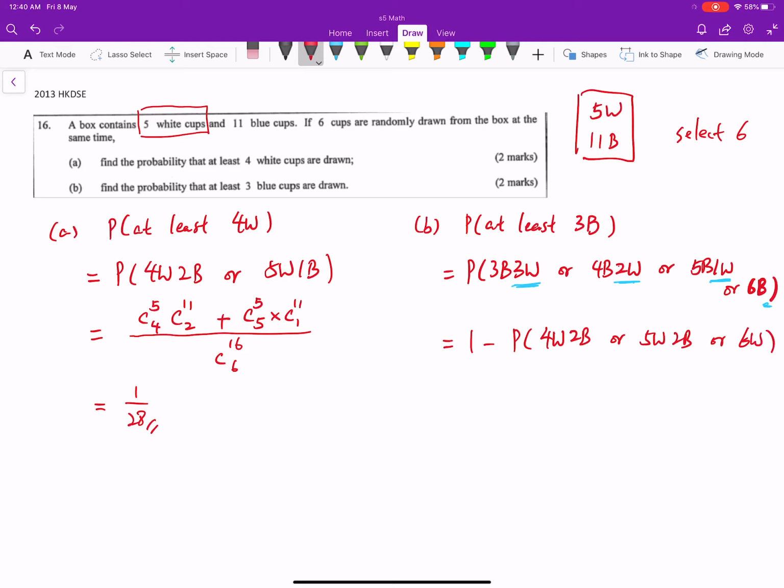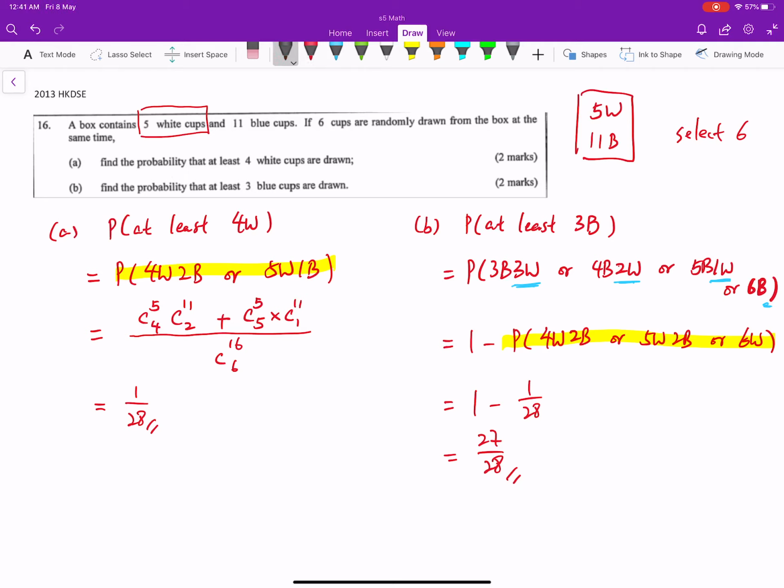Can you observe something? Actually this one is the same as this one, right? So if you look at the question a little bit more, you find that it is 1 minus the part A answer. Then you will get this.